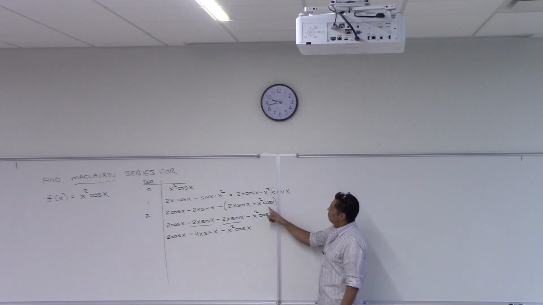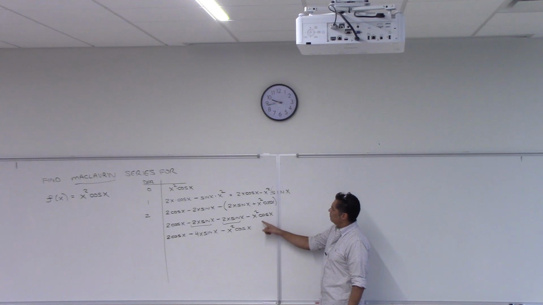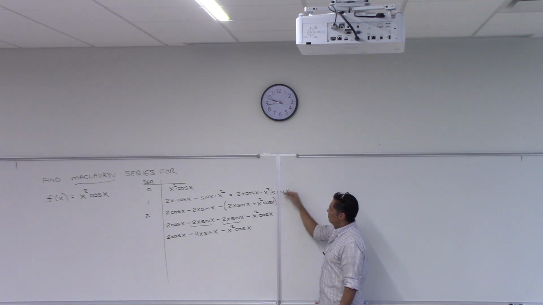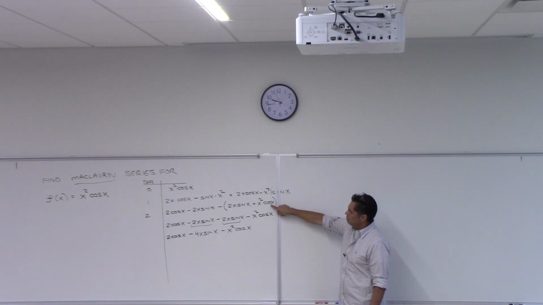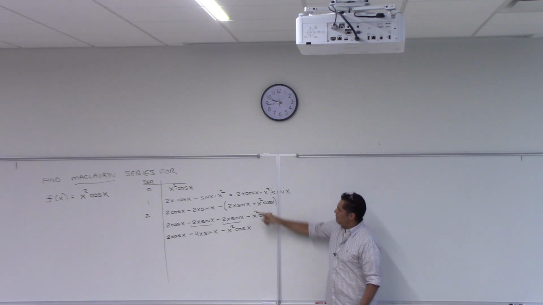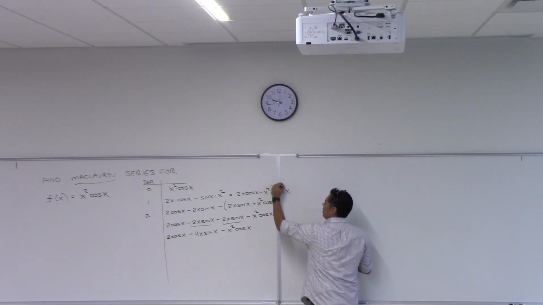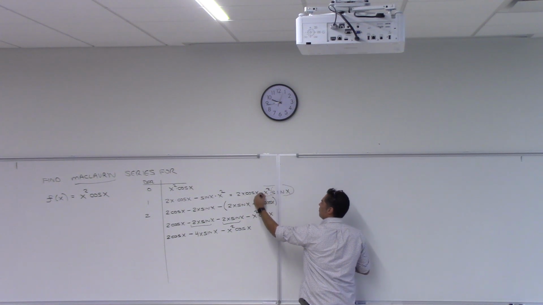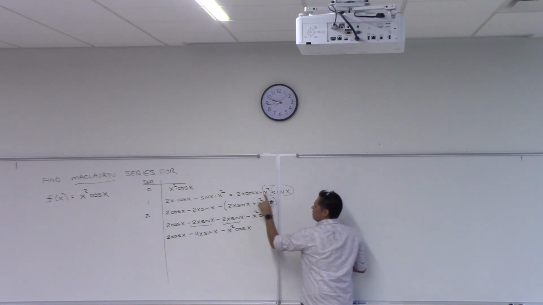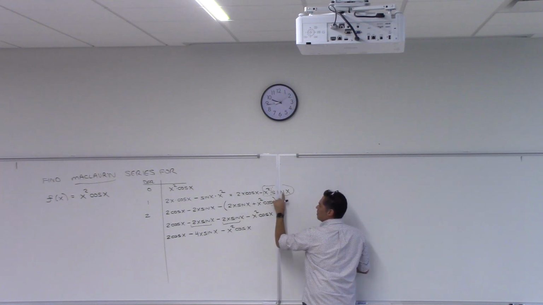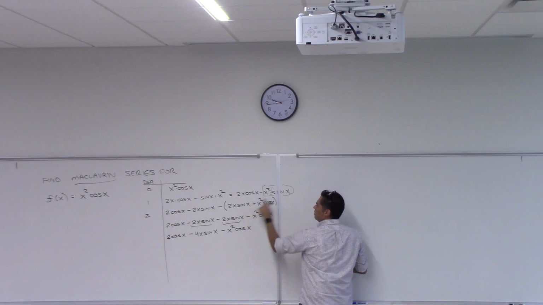Oh, where? Because you took the derivative of sine for the second line, right? Wait, which one are we talking about? On line 2, the cosine x should be negative. Right here, inside the parentheses? This one? Yeah, because you took the derivative of the sine. I was doing product rule on that. Here's the minus right there. Derivative of that is this times this plus now derivative of sine.